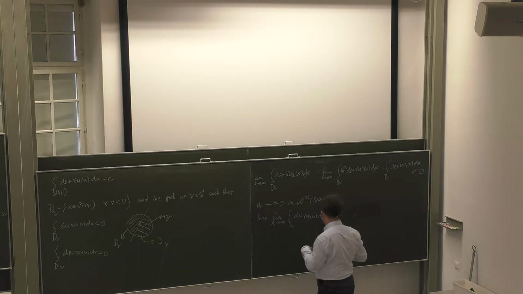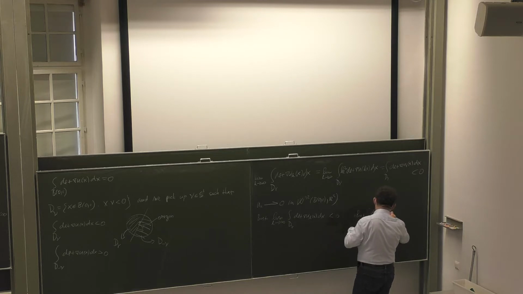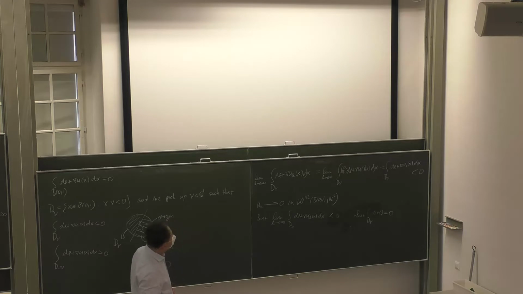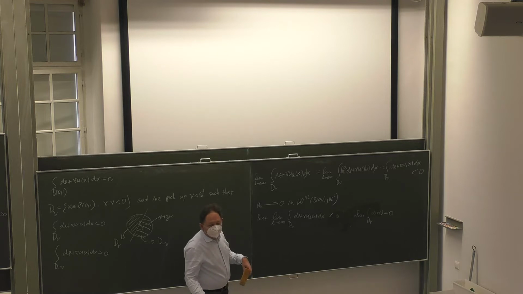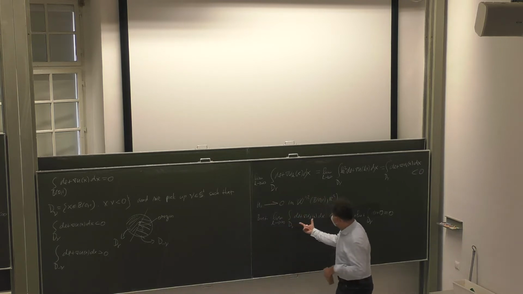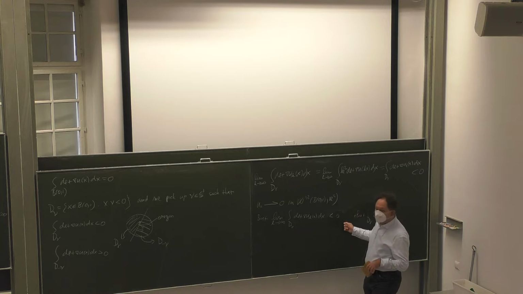So the limit, the integral of the determinant of 0 equals 0. So the limit should be 0, but in fact it's smaller than 0. I got confused now with this. So it's a contradiction to weak lower semicontinuity, because the u_k go to 0, but the limit here, which you can also say is the liminf if you want, is smaller than 0, and it should be 0.